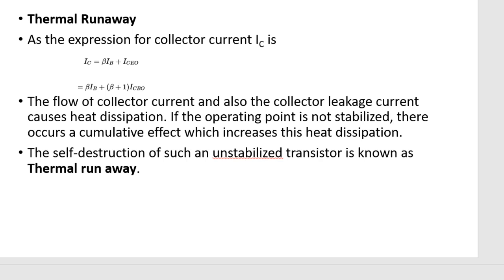So what is the need for biasing? The first point is the temperature dependence of IC. The second point is individual transistor variations, and the third point is thermal runaway. All these are temperature dependent parameters.